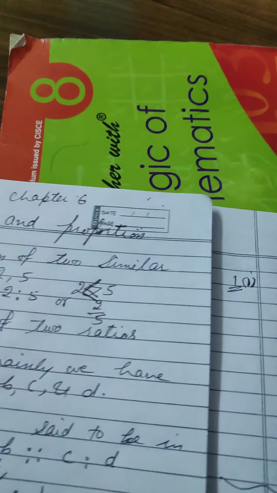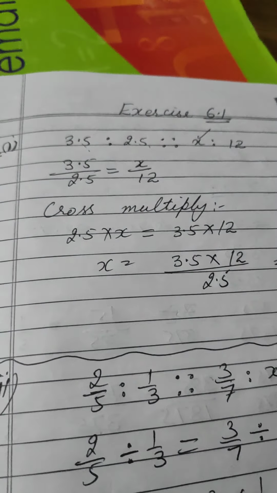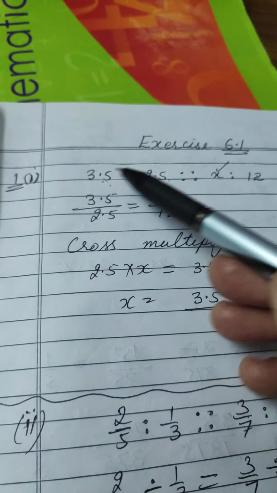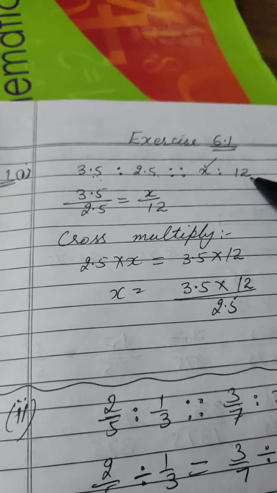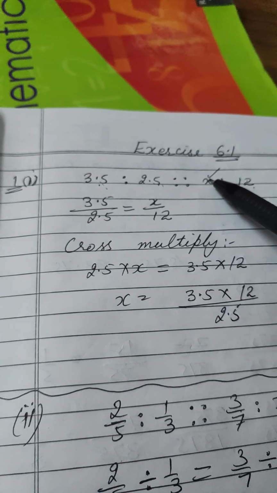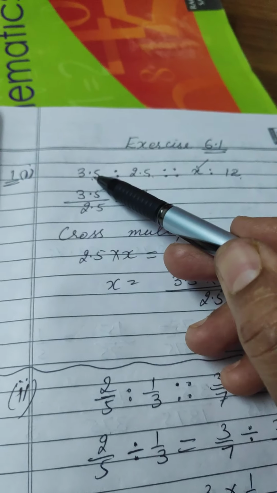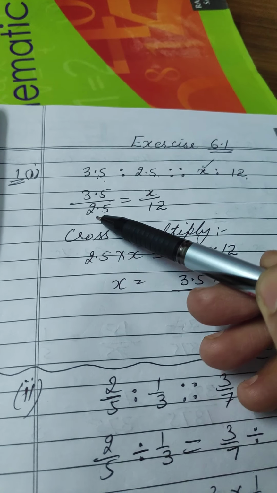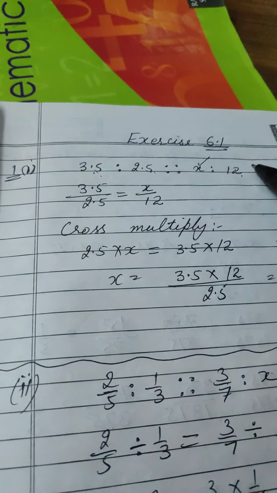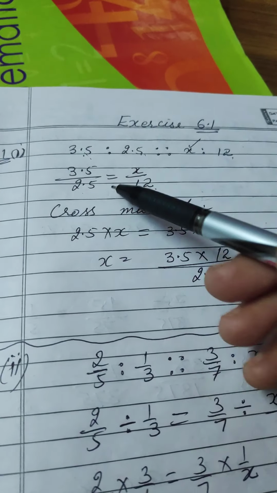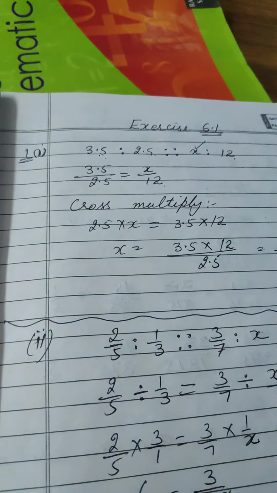Now I am going to start with exercise 6.1. In the first part, three terms, first term, second term and fourth term are given to us, and we have to find out the third term. First term over second term is equal to third term over fourth term, or as already I have told, cross multiply.